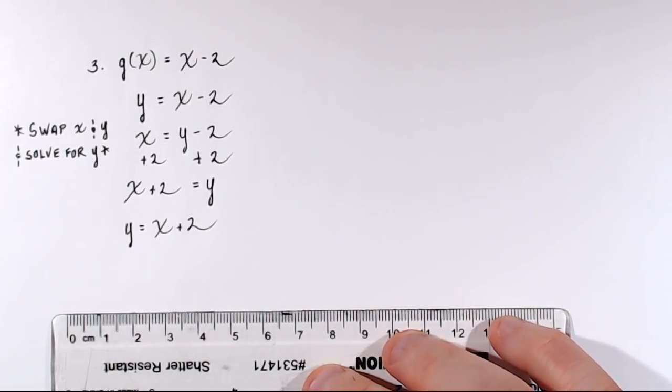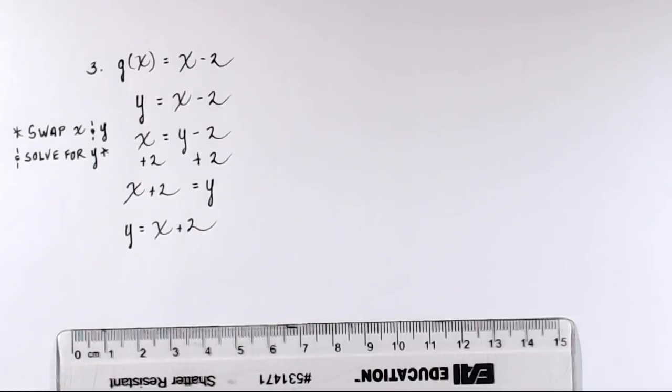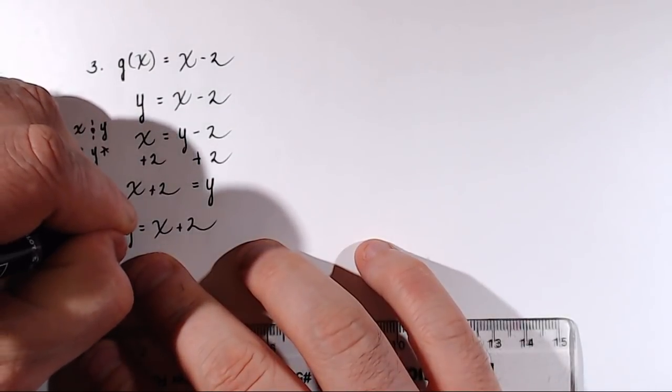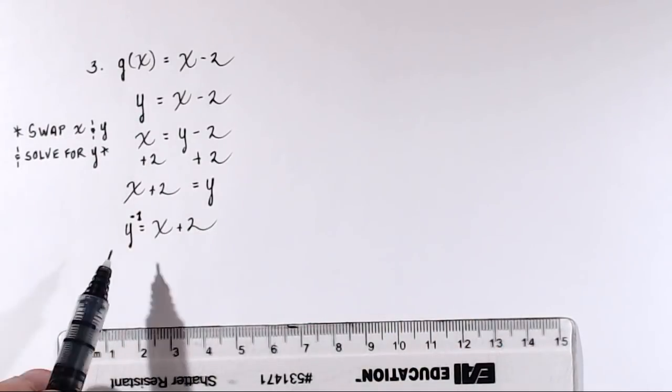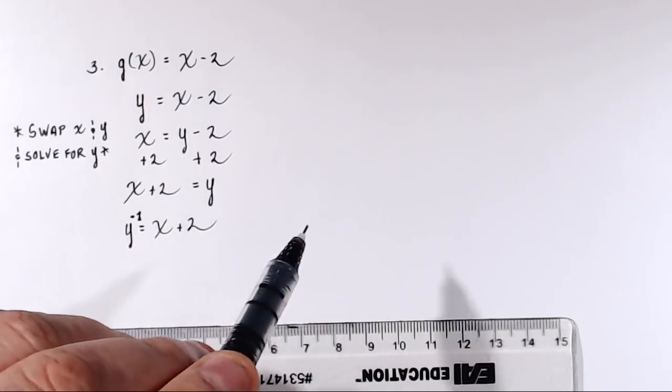And now we're going to introduce this notation called the inverse notation. And as I've said before in class, this is terrible notation. But it is the exponent negative 1. And the way you read that, now that you've written that there, is y inverse equals x plus 2.